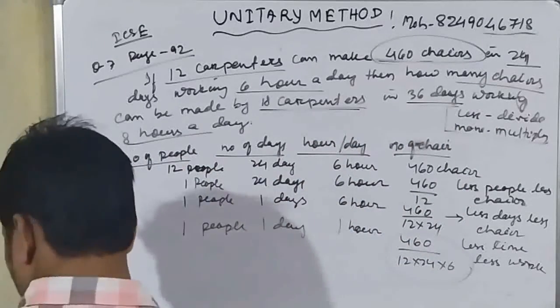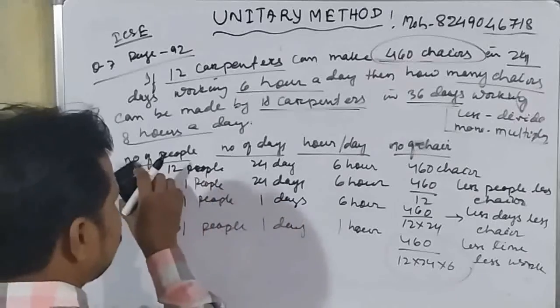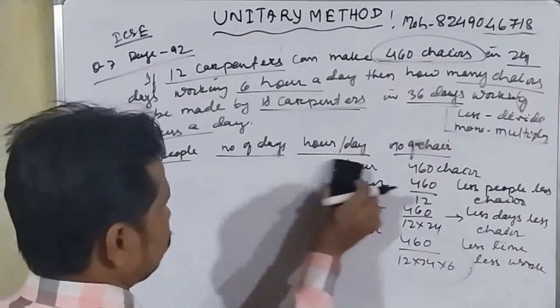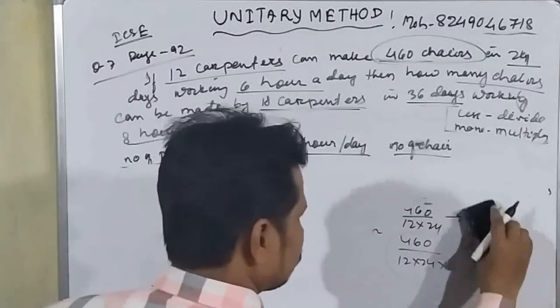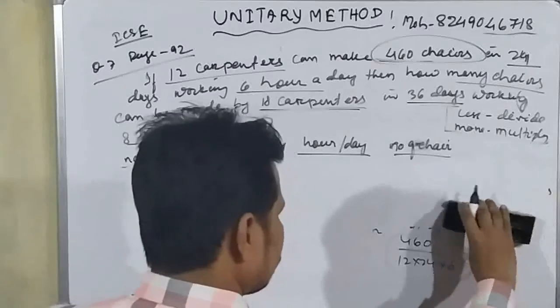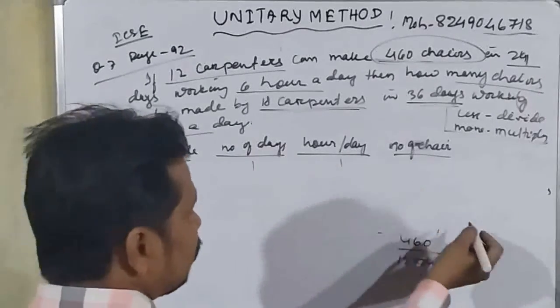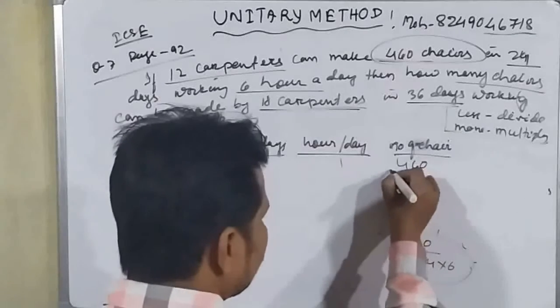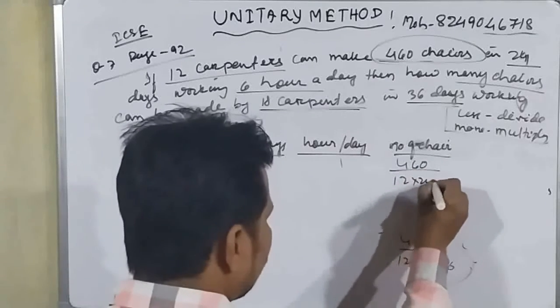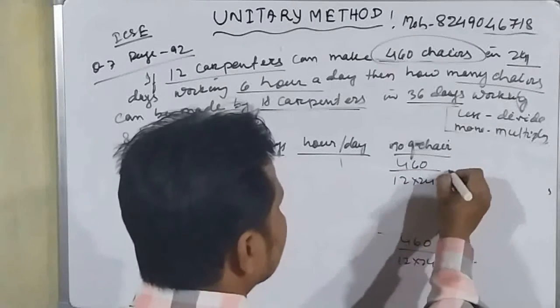Okay student, so now here 1 people, 1 day, 1 hour, so result is 460 divided by 12 into 24 into 6. Okay, chair.